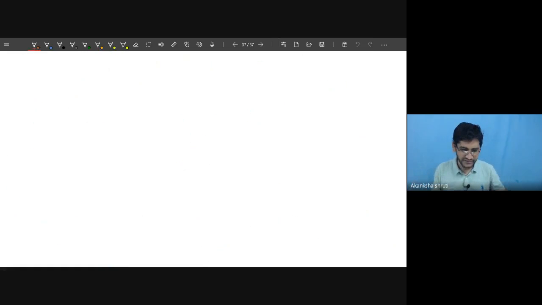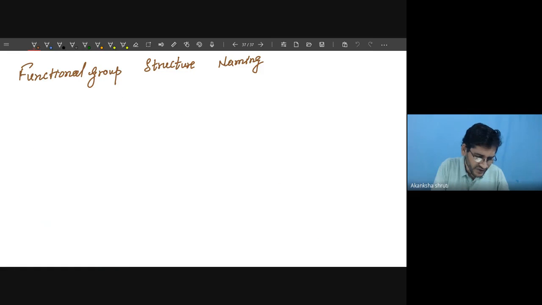So let us write all those things. What is the structure of the functional group? That I will write. What is the name? How is it named? And then their example. Some examples I will take. This way, we can understand it very easily. Students, the very first, if the carbon contains only single bonds, that is called alkane or the simplest hydrocarbon.